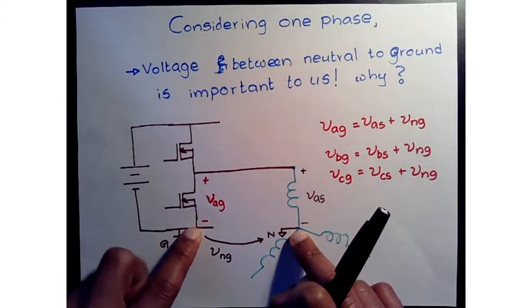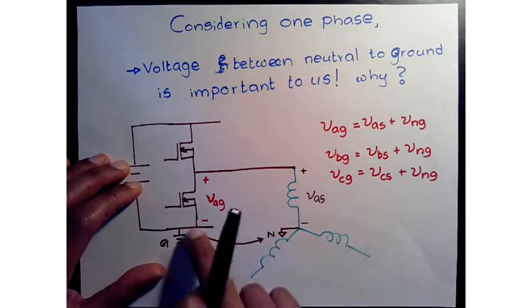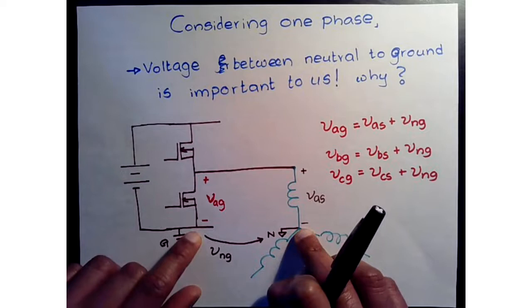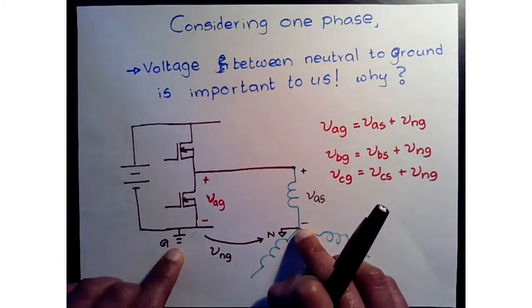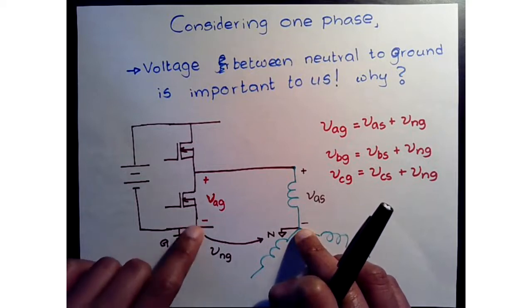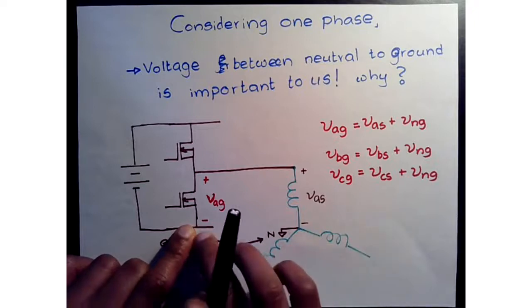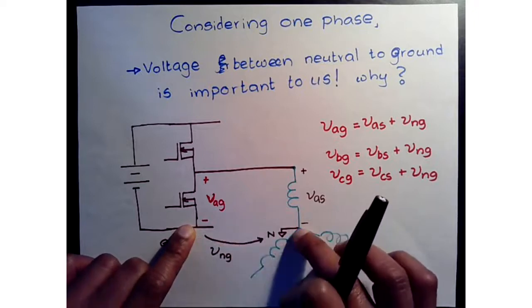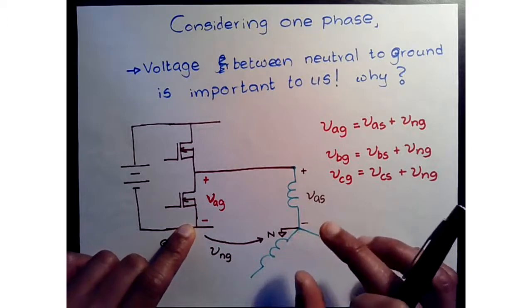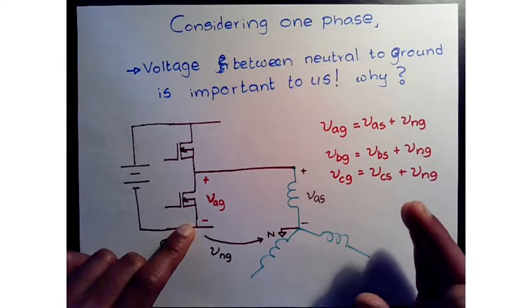So potentially there could be a voltage on the neutral point with respect to the ground. It could be tied to true earth ground, it could be just a floating ground, but for our discussions this is going to be the reference, at least for now. So with respect to that, you're going to have a certain voltage to the neutral, and that voltage might be zero. We don't know that yet.